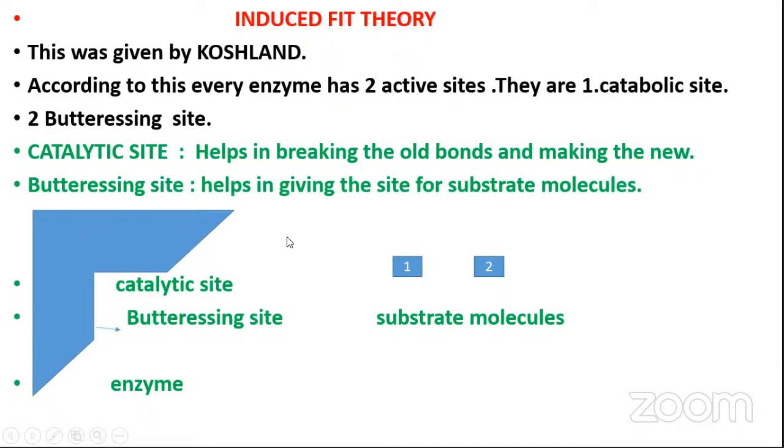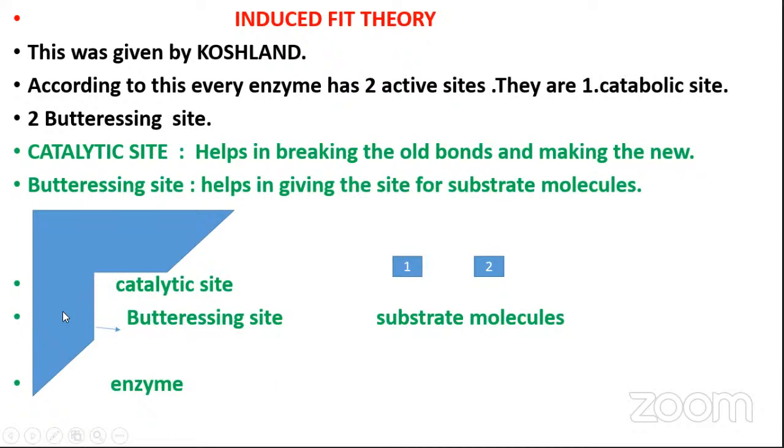The catalytic site helps in creating new bonds or breaking old ones between the substrate molecules, whereas the buttressing site is purely meant for attaching substrate molecules, giving the place for the substrate molecules that undergo a reaction.